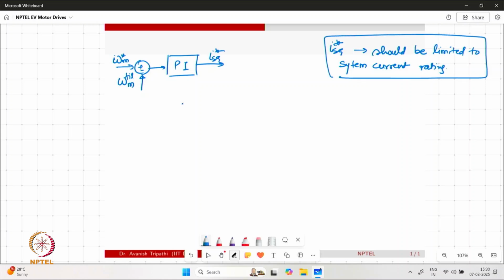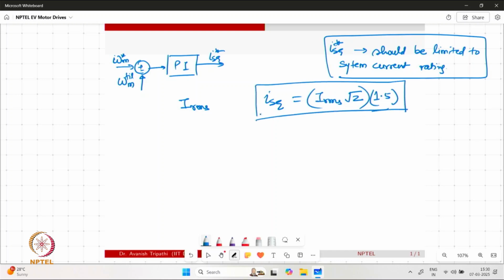So if we are dealing with a system where the per phase RMS value is say IRMS, the ISQ value of current may reach up to root 2 times RMS multiplied by 1.5. So this can give us an understanding about how much saturation limit should be kept on the ISQ reference.